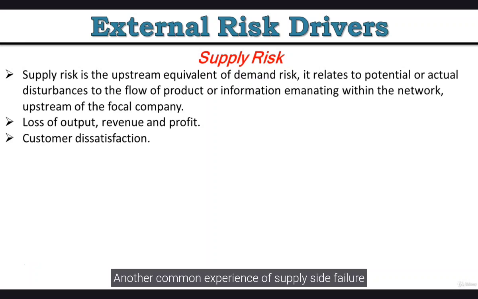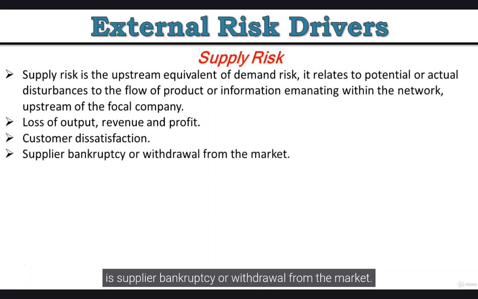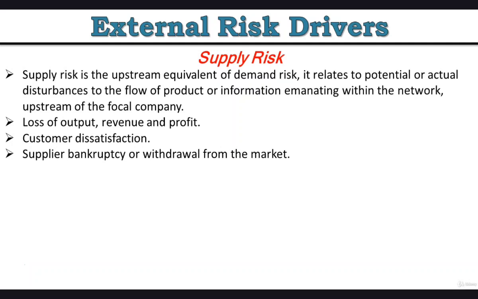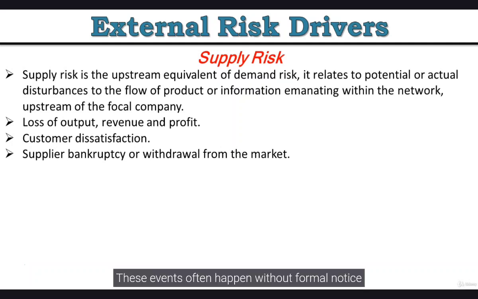Another common experience of supply-side failure is supplier bankruptcy or withdrawal from the market. These events often happen without formal notice, causing considerable disruption. However, they can usually be anticipated with the right intelligence systems in place. Contingency planning for such an event is an important control process inside the company, and this will be described later.